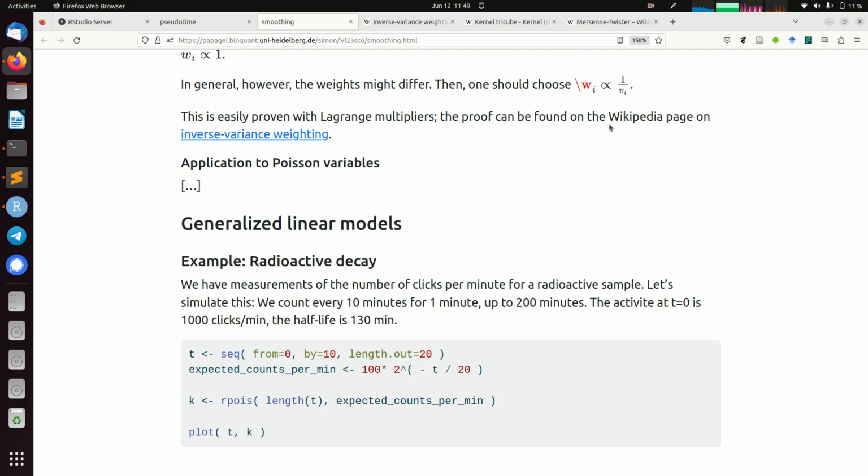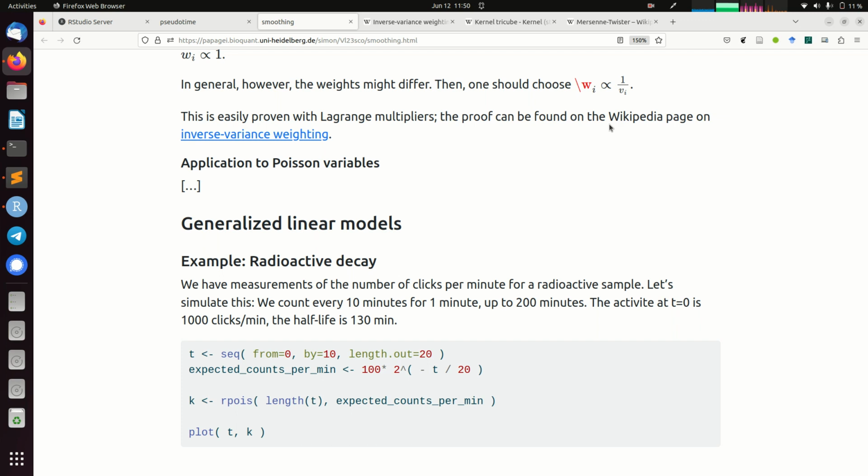And if we do our kernel smoothing with a Poisson, before we said kernel smoothing, we use our weights, so the kernel K of (x_i minus x_0) over h times y, divided by the sum of the kernel of (x_i minus x_0) over h. This was how we did the kernel smoother before.